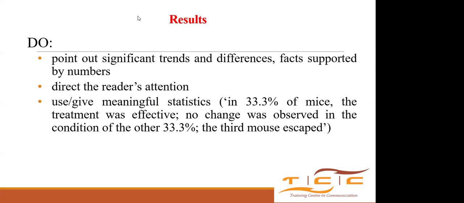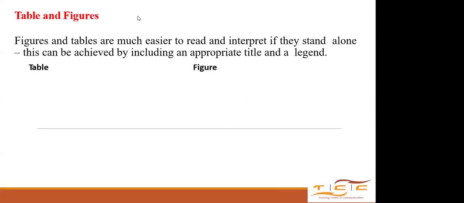In one of them the treatment was effective, in one no change was observed, and the third mouse escaped. If you put all these percentages and you're only dealing with 3 mice, you could be thinking you're providing statistics, but it's not meaningful. So that's why you need to give meaningful statistics.